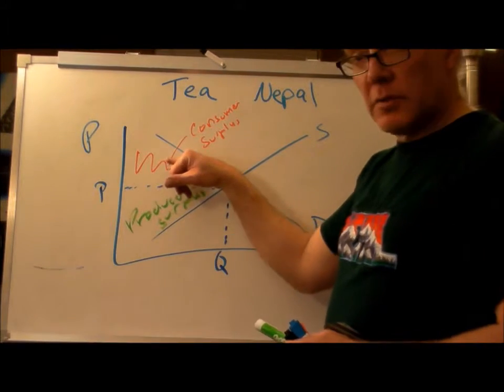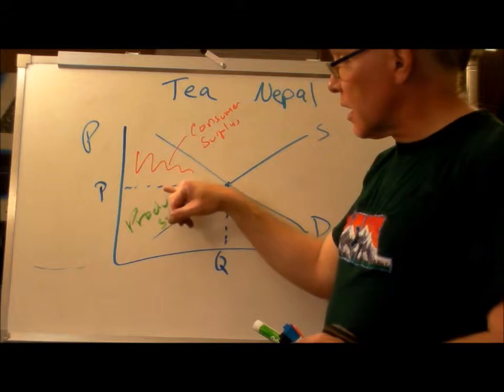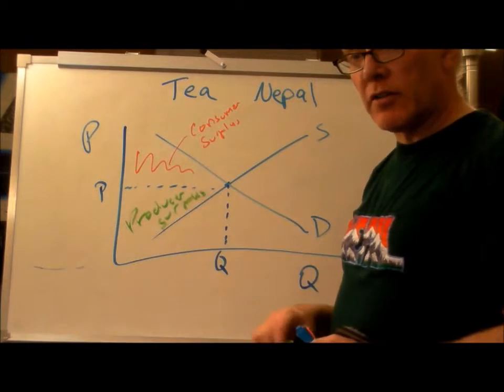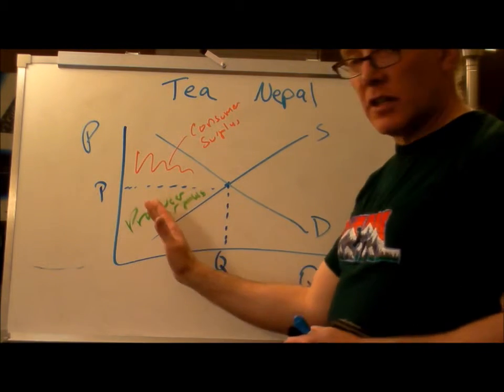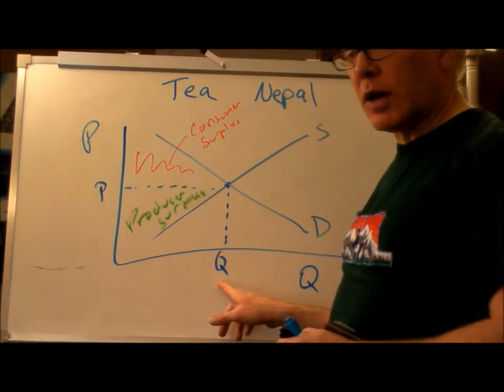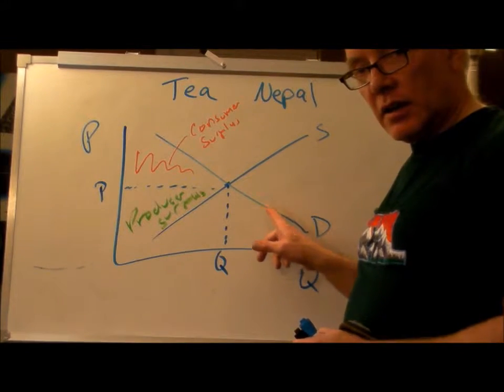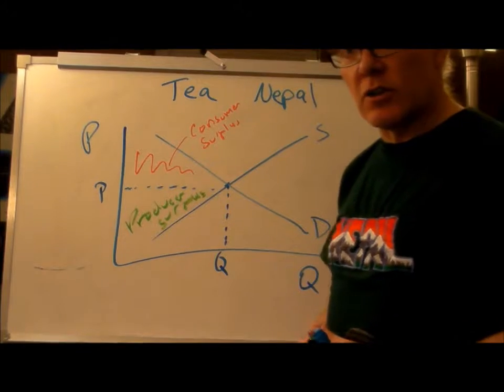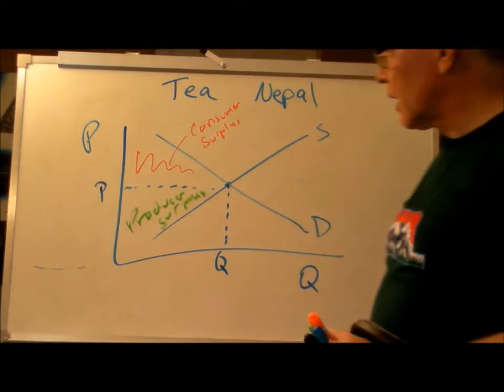Above the price, below the demand curve is consumer surplus. Below the price, above the supply curve is the producer surplus. And of course, it's all to the left of the equilibrium quantity. Anything above that, the transactions do not happen, so there's no surplus of any kind.